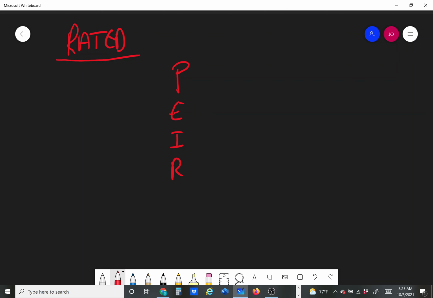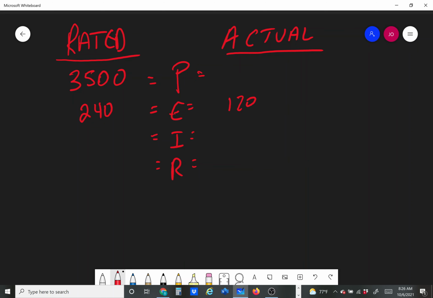We have less voltage. So we have our rated and we have what we actually got. So we are rated at 3,500 watts and at 240 volts. And again, I told you the only thing that we are guaranteed is our resistance. We know also that we have 120 volts.